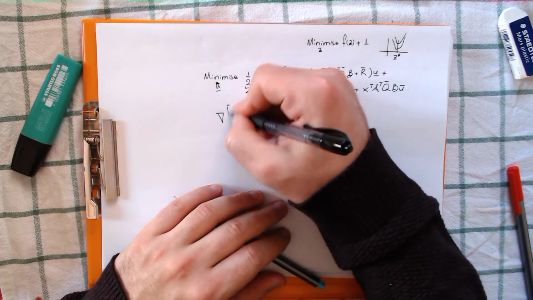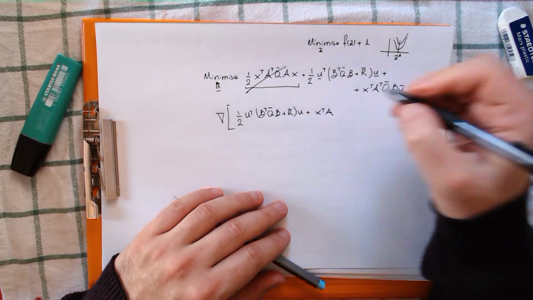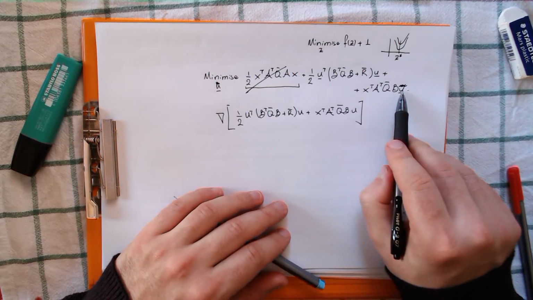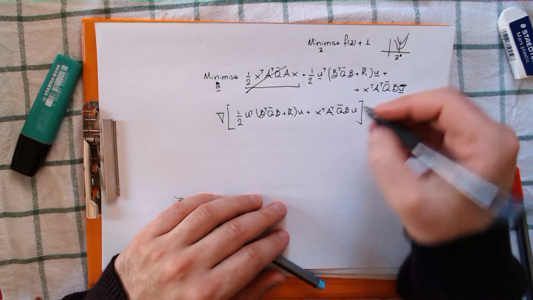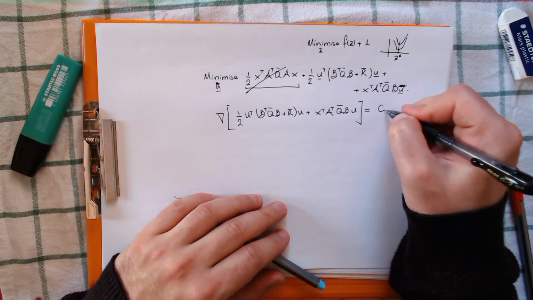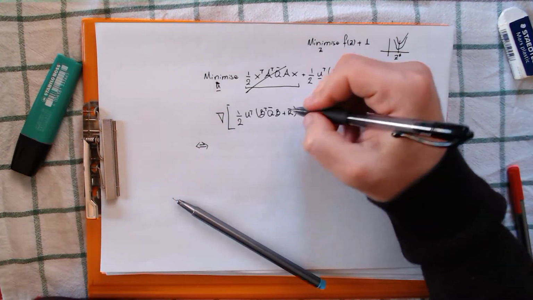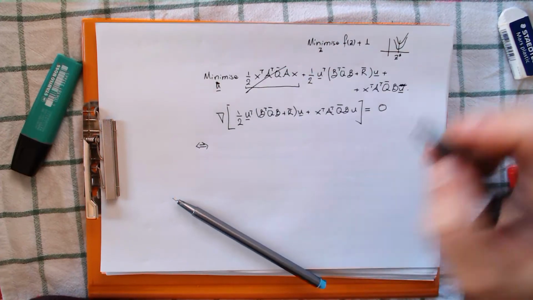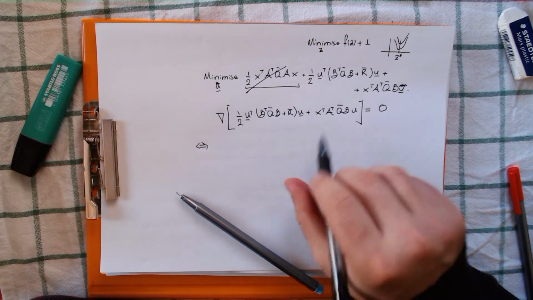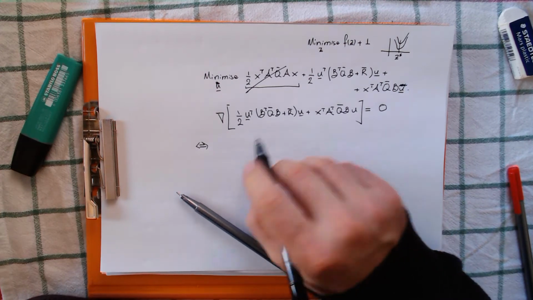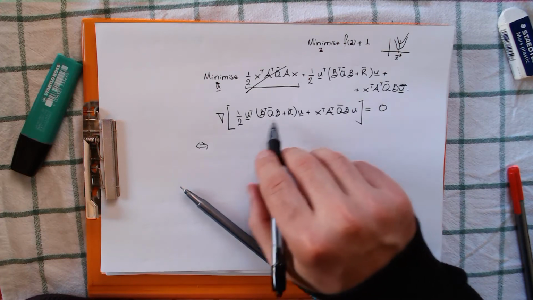What is the gradient of this function? Sorry, here I wrote u bar, it should have been u underlined, is the correct notation. So what is that? That must be equal to 0, right? To find the best, the optimal u underlined. But what is the gradient? Here we have a quadratic form, so it is 2 times with 1/2, it goes away.